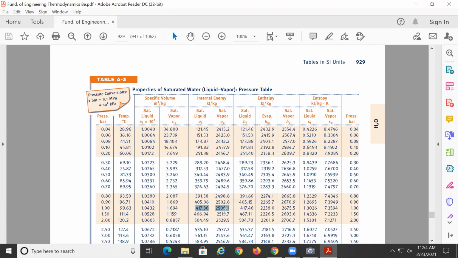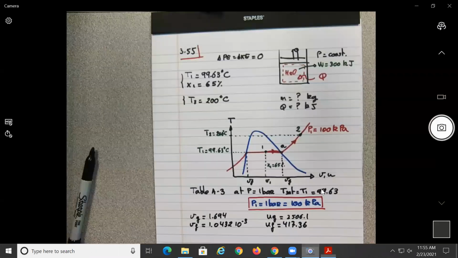U sub gas is 2506.1. Okay, I think that's all we're going to need for this. All right, let me go back over here. Okay, I think I'm going for the Q over M. I'm still not solving for, okay, yeah, let's solve. I'm solving for everything at the same time.